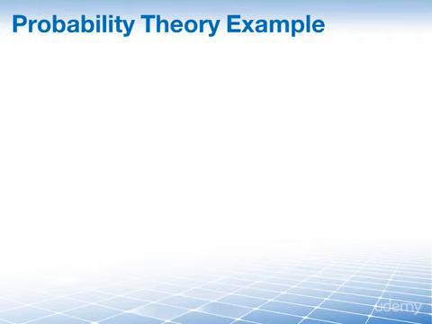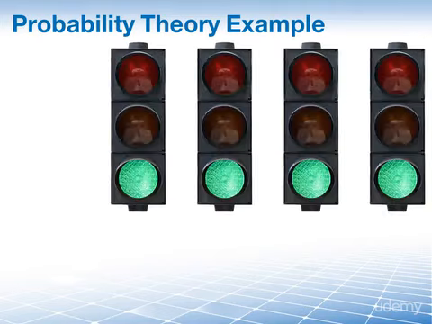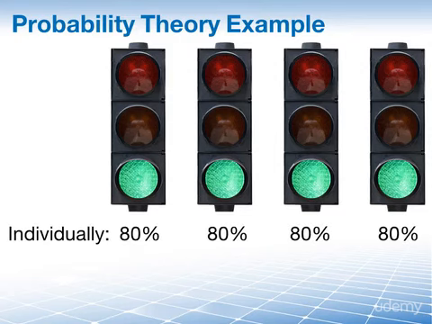Probability distribution is the second data gathering and representation technique. For this, we have to take a look at the probability theory, and this is best done with an example. So let's assume that I need to drive from one area in town to another, and on the way I have to pass 4 traffic lights. And for the sake of this example, let's assume that there is an 80% chance that each traffic light is green.